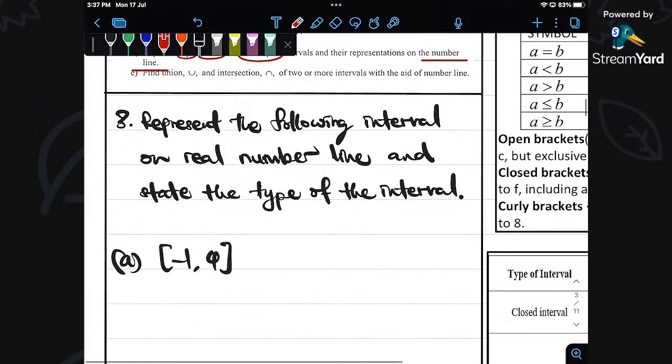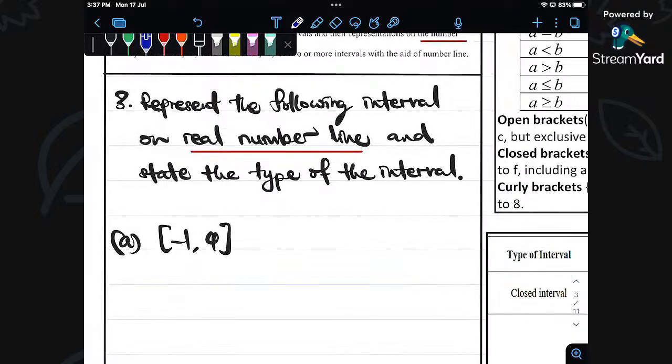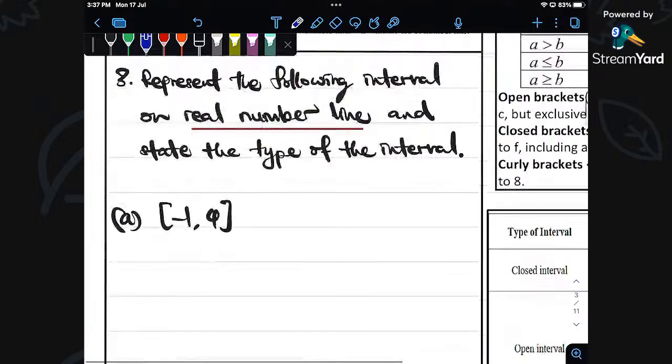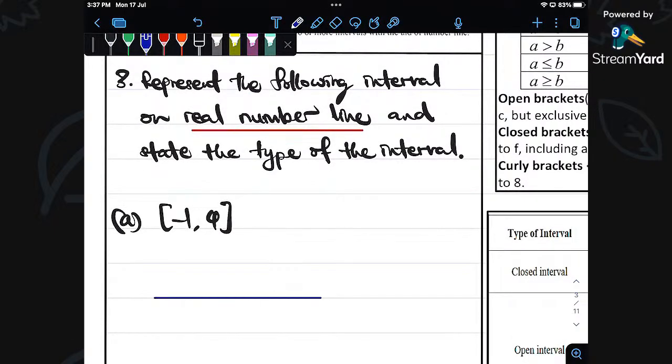So now let's just draw the real number line dahulu. So number line sebenarnya sangat senang, which I believe you have seen this before. So number line is just put a line, put the number from -1 to 4. So basically -1 lebih kecil. Of course dia kena berada di belah kiri.